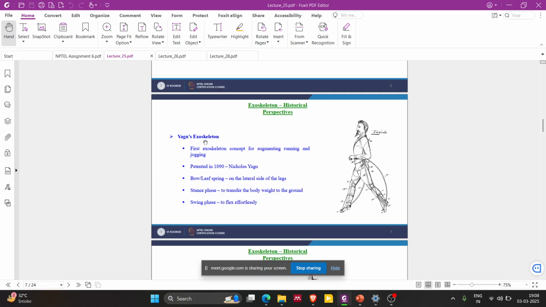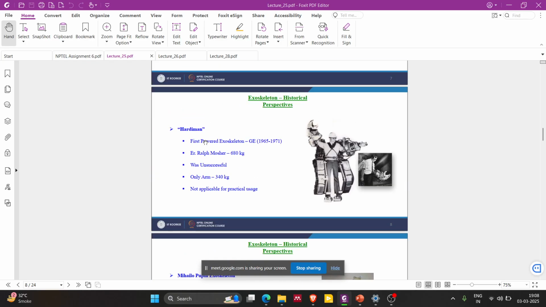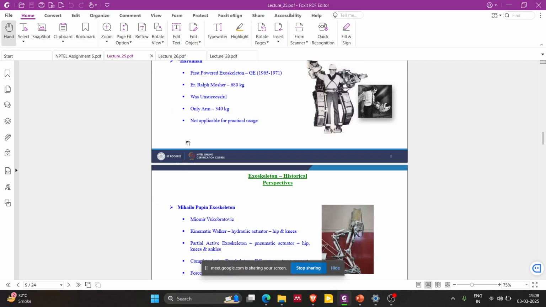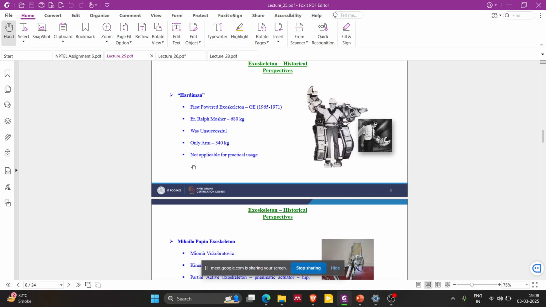This is basically the history of exoskeletons, right? How they have been developed. You just need to know the name Hardiman, because in the final exam you will also answer multiple choice questions. You don't have to remember those big names, but you need to know that there was an exoskeleton named Hardiman, developed by something like GE.